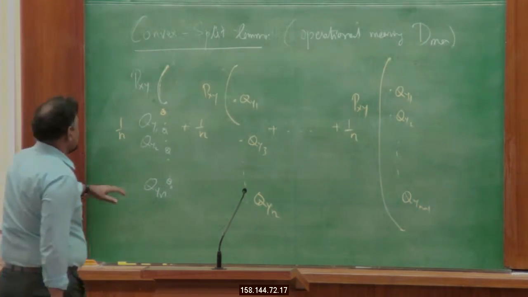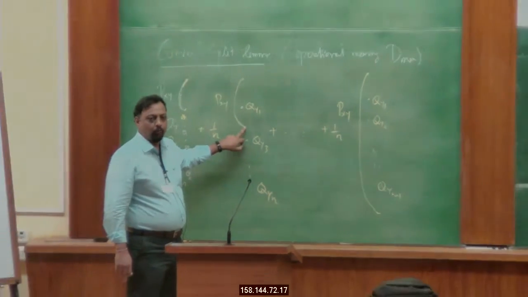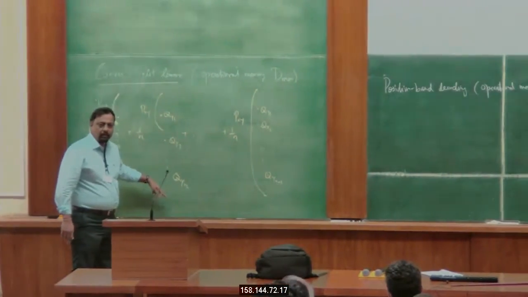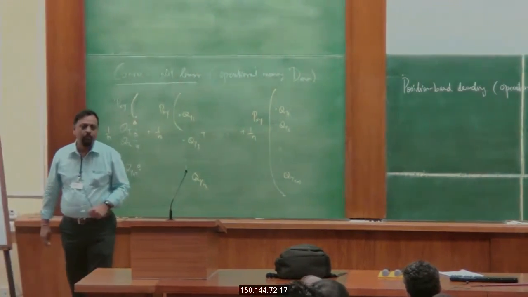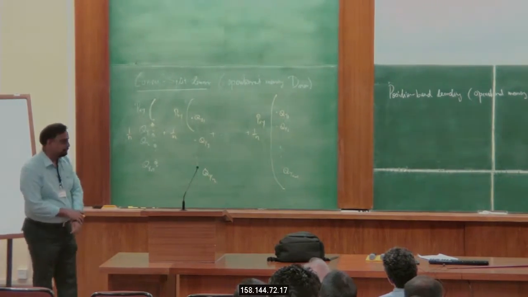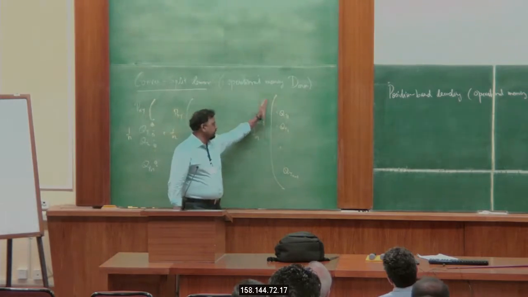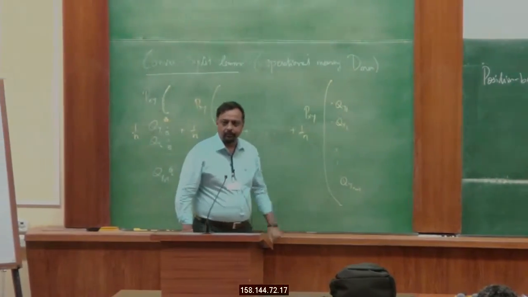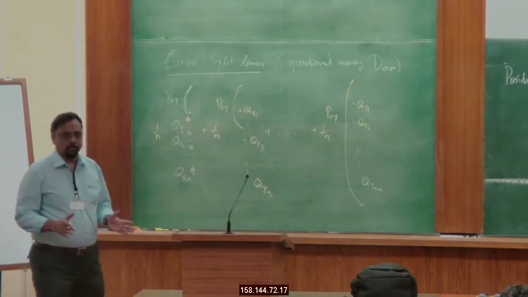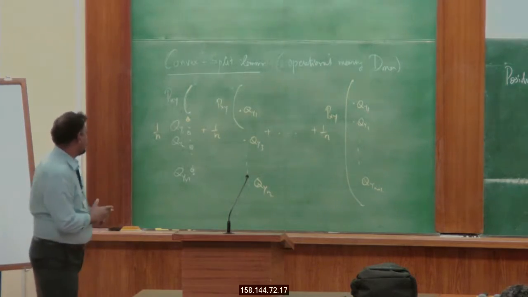In this component, first and third are jointly distributed according to PXY, and the rest are according to Q, where Q could be different from the marginal of P on Y. And then here it is the first and the last, and the rest like that. Okay. So this is the convex mixture of random variables or distributions.